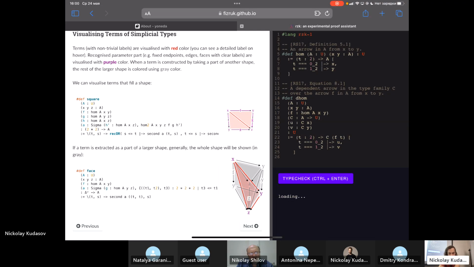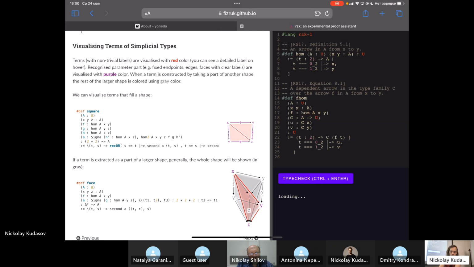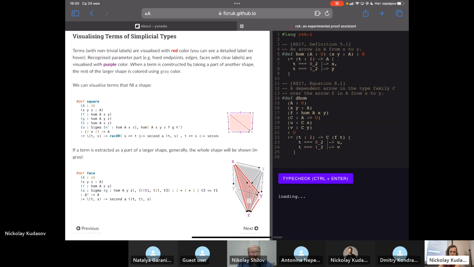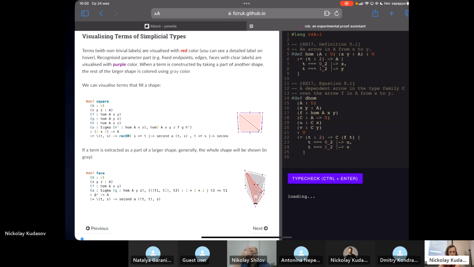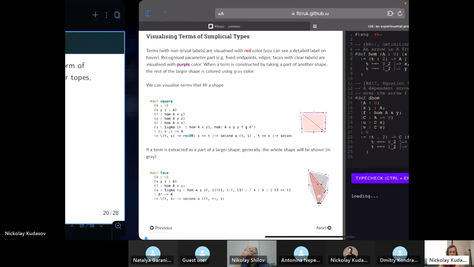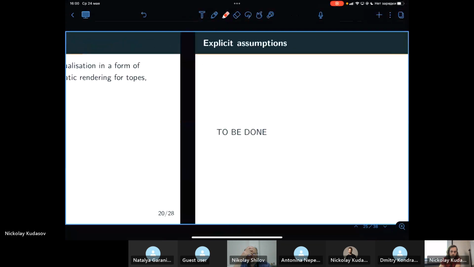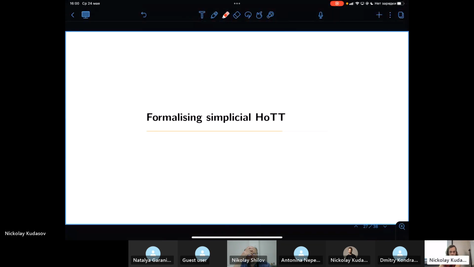Some labels are skipped if they are not simple enough, but those that are simple are drawn automatically. I think this is a nice feature that should help visualize and understand proofs that are done in the proof assistant. Right, explicit assumptions I will just skip. That's an interesting feature on its own, but I will not talk about this much.